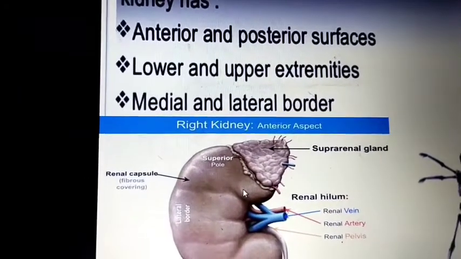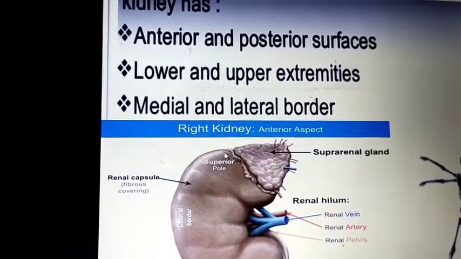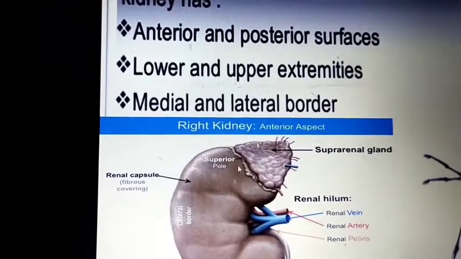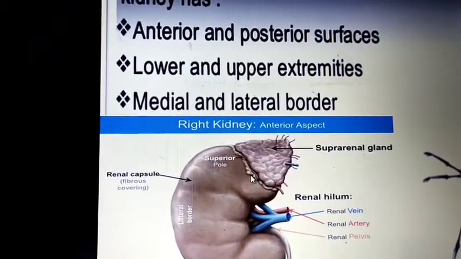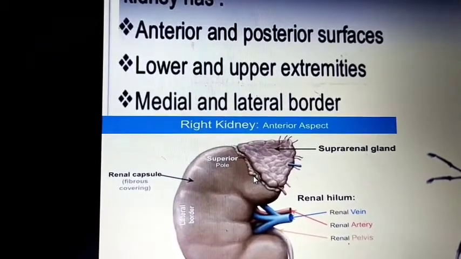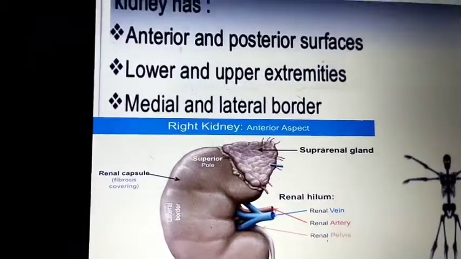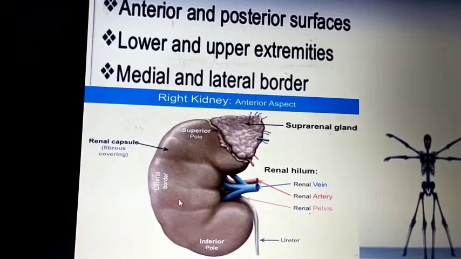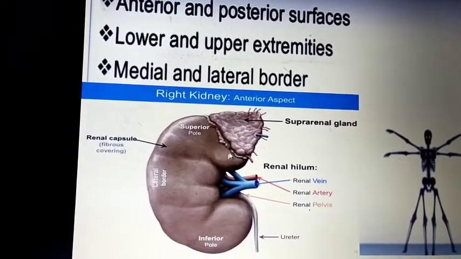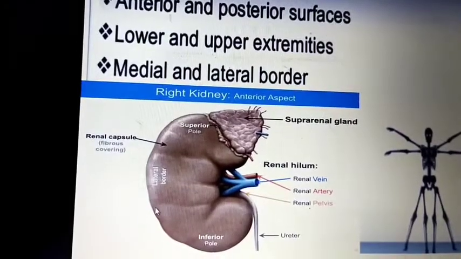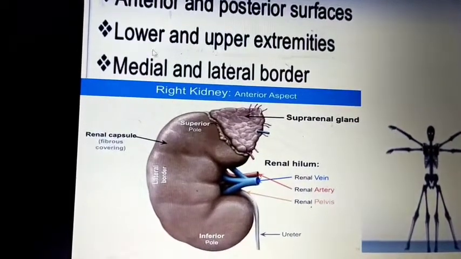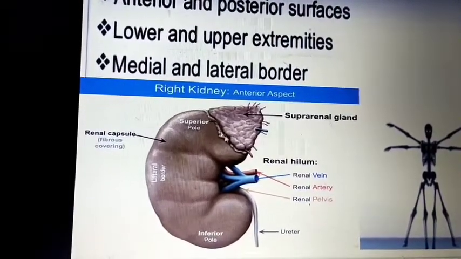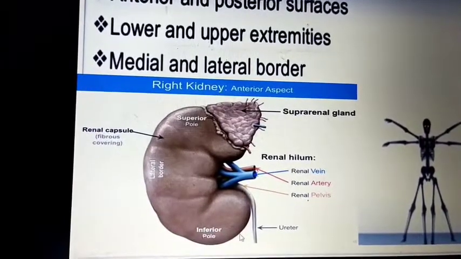And the medial border and the lateral border. These are the parts; the kidney has mainly these external morphological features: two surfaces, anterior and posterior, medial border, lateral border, upper end or superior pole, and lower pole.